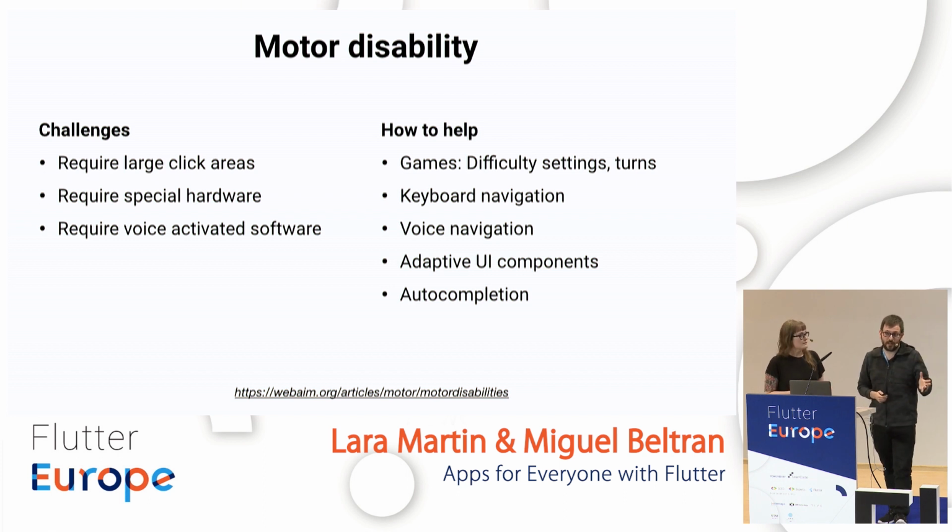As well, you can try to enable navigation via voice. And of course, build the app in a way that you have adaptive UI components that will get larger if the user enables the option in the accessibility settings on the phone. And also enable things like auto-completion and help with the text input.